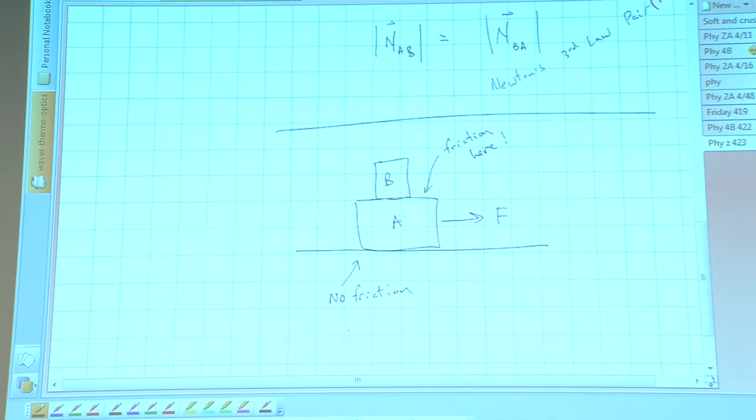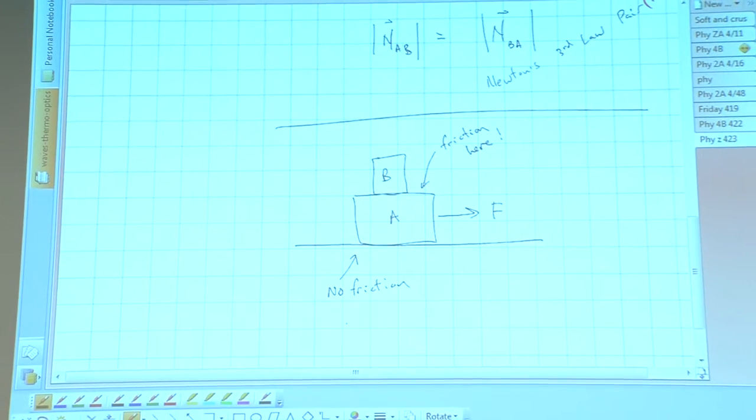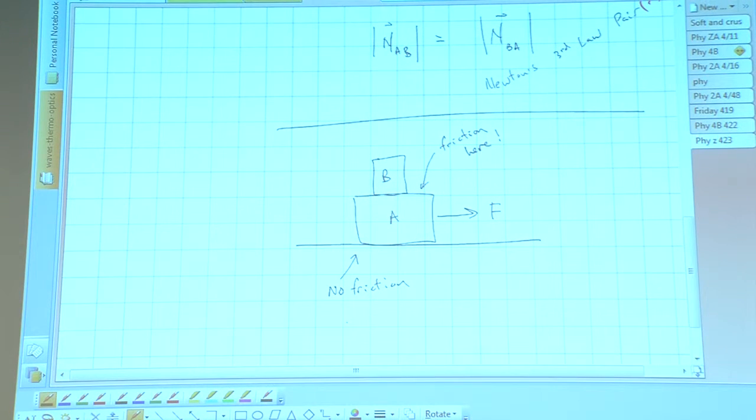So in this case, should we draw the free body diagrams? Let's do it. Free body diagram for block B. There's no slipping. Block B and block A are moving together.